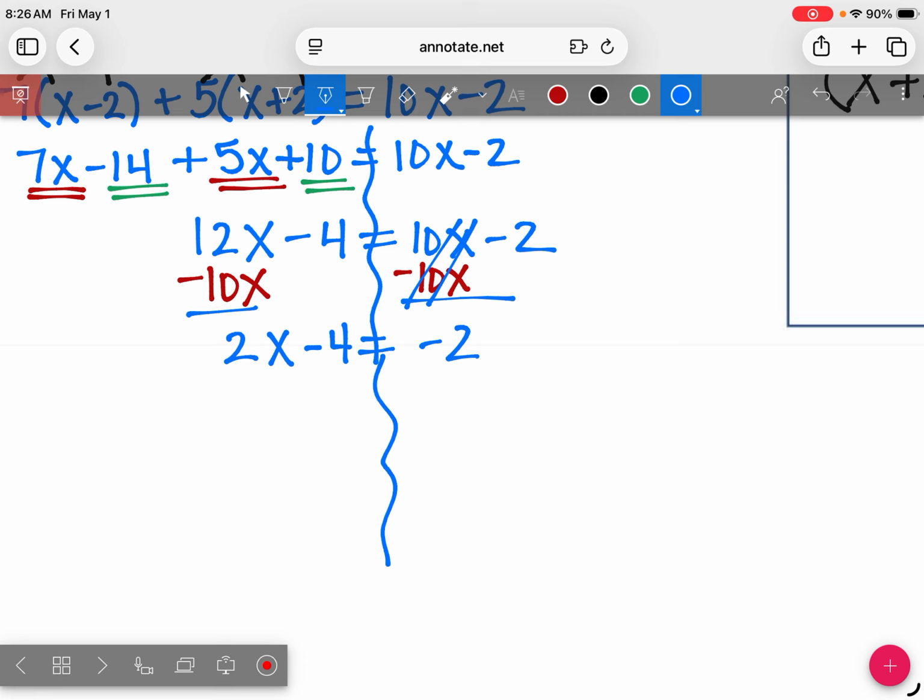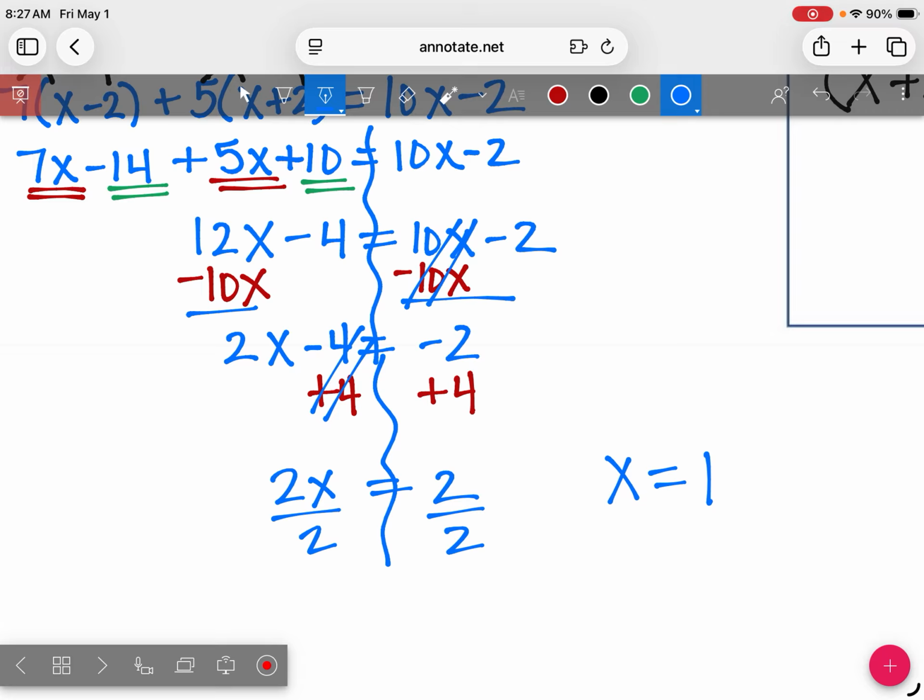Now, I'm going to move the negative 4 by adding. You always do the opposite when you're trying to go across the equal sign. So that'll be 2x equals 2. Divide by 2, and I get x equals 1.